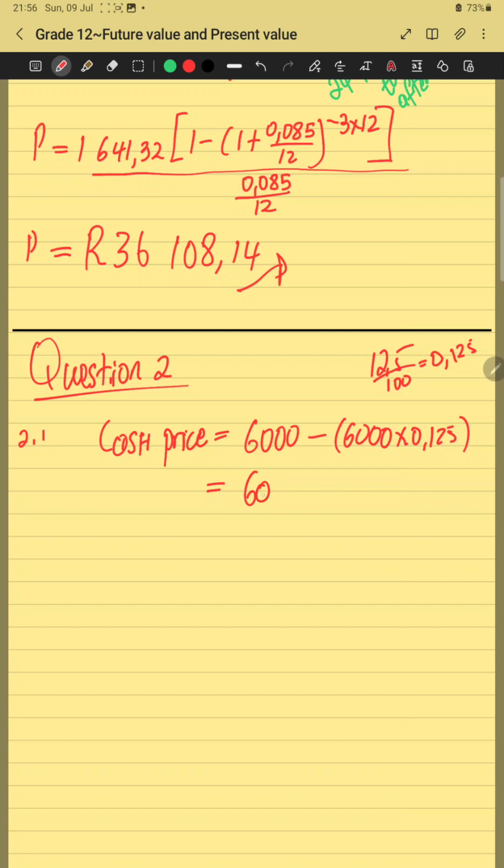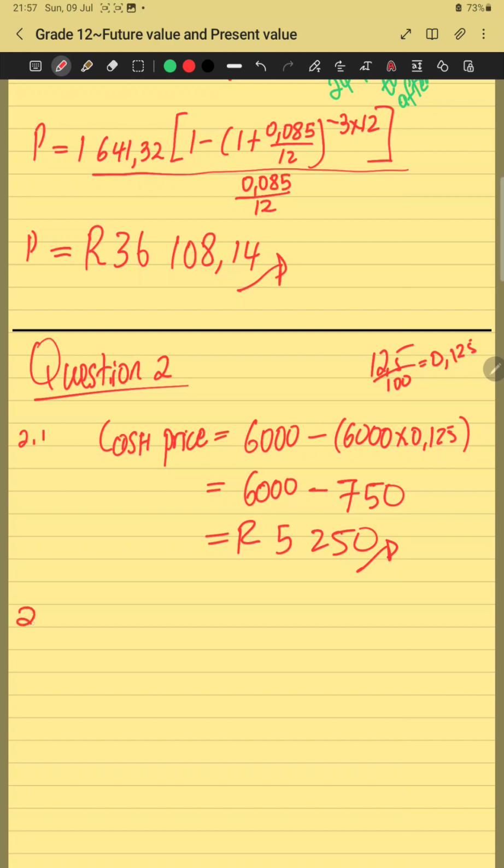So it's going to be 6,000 minus 6,000 multiplied by 0.125, which is going to give us 750, and then we just work this one out, we get 5,250. Okay, so this is the answer for the first question.